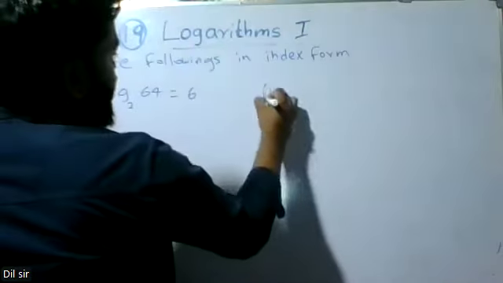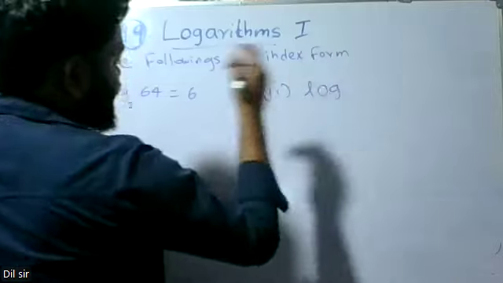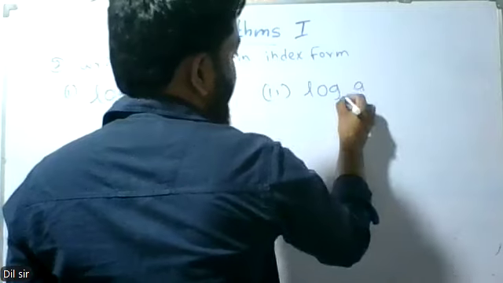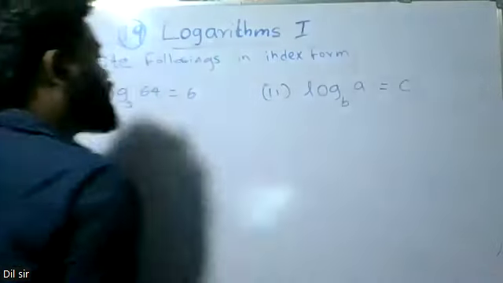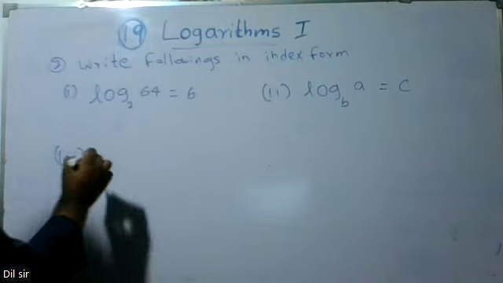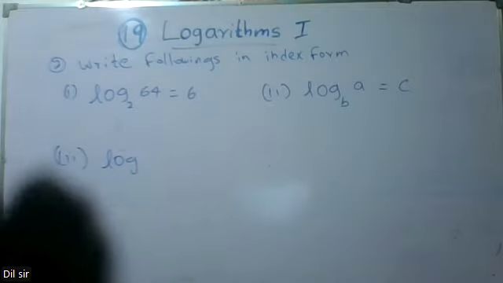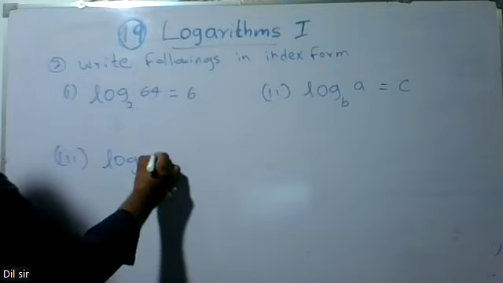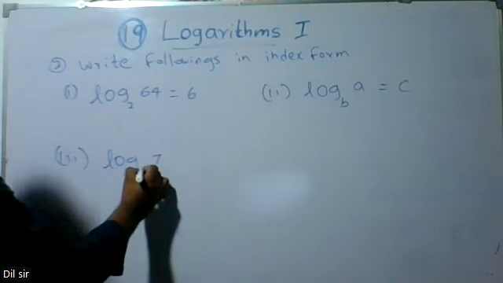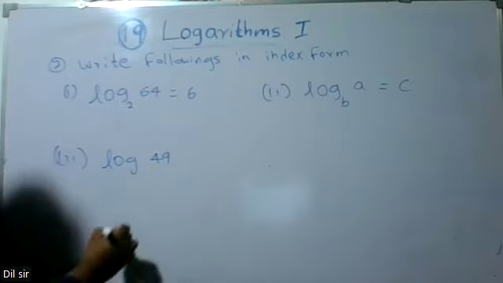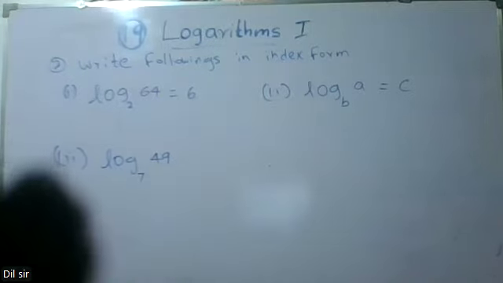Second: logarithm of A to base B equals C. Third: logarithm of 49 to base 7 is 2.